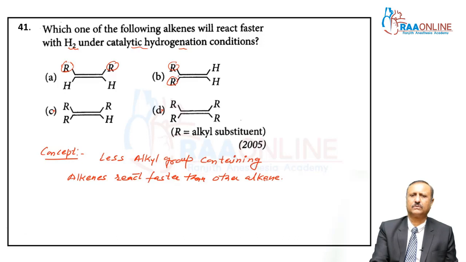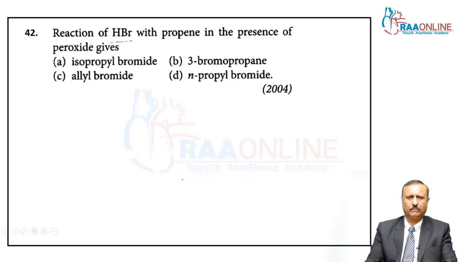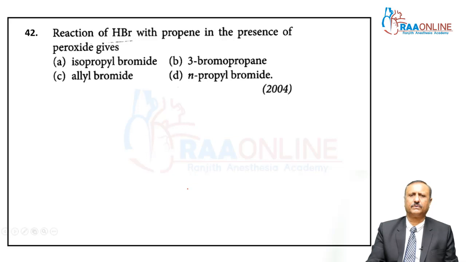So when hydrogen is added to this carbon atom, these groups produce steric hindrance. Due to this steric hindrance, hydrogen is not added to this carbon atom. So your answer is A. Here fewer alkyl groups are present, and these alkyl groups are far away, so hydrogen atoms easily add to these carbon atoms. So the answer is A. Now my dear students, we can go to question number 42.